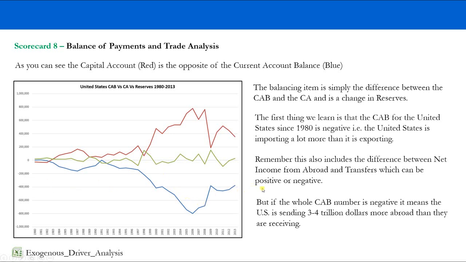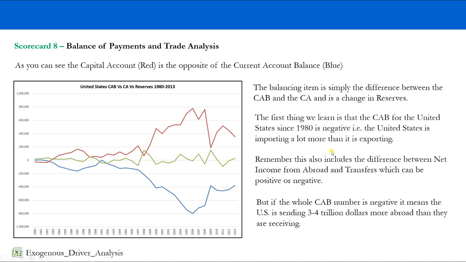You can see that the red line looks very much like the inverse of the blue line. But when they don't net each other off, we have what's called a balancing item, and the difference plus the balancing item equals 0.